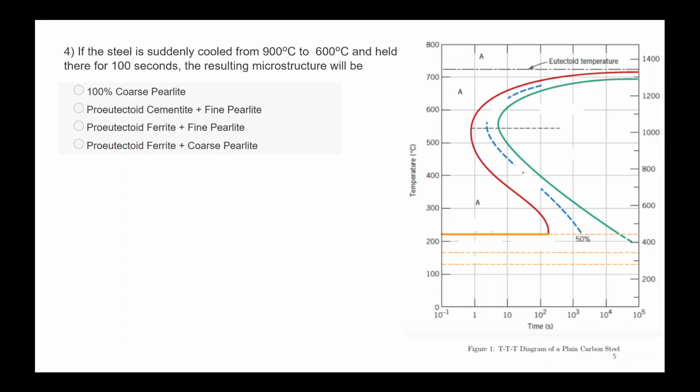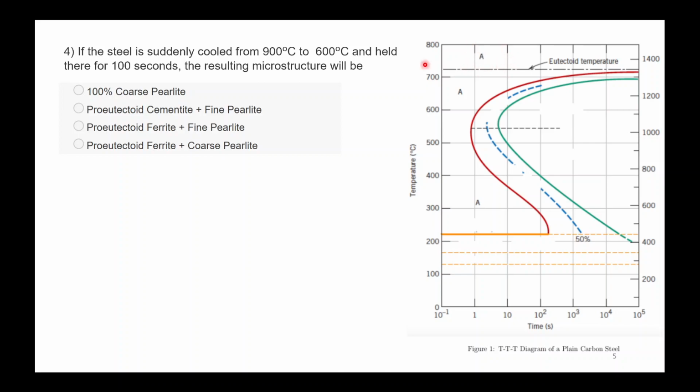Okay, so in the fourth question, if the steel is suddenly cooled from 900 degrees Celsius, here up above your A1 temperature, where above this there will be only austenite.